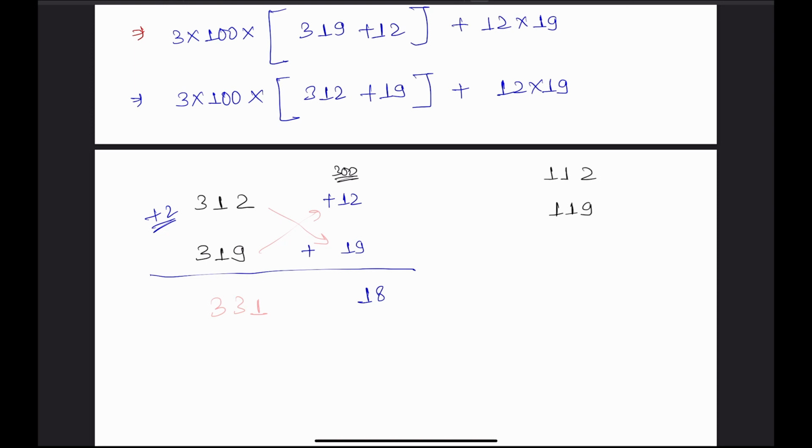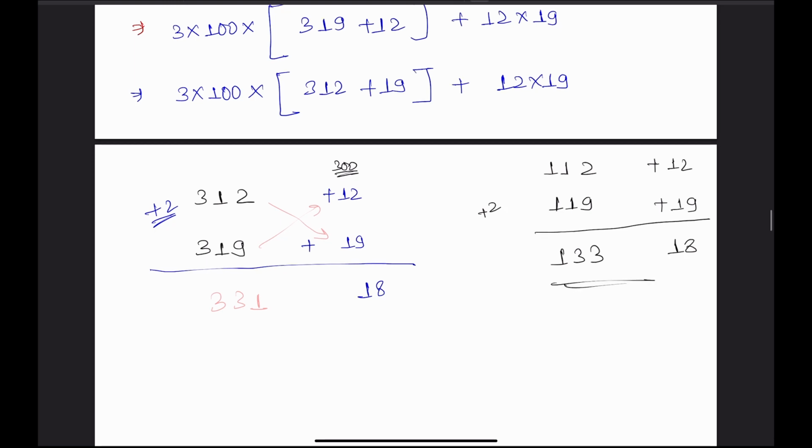This is plus 12, this is plus 19, and this is 18 with 2 as carry. 112 plus 19 will be 131, plus 2 is 133. So 112 into 119 is what we get. But in this one, we just added up these two things, like 112 plus 19, we just wrote it, we didn't bother.